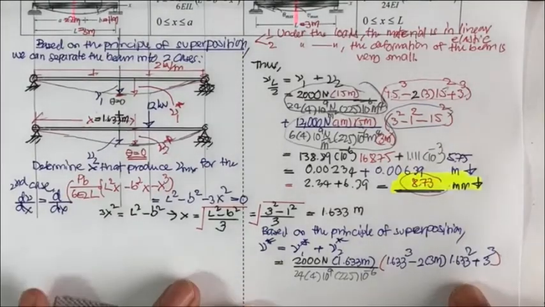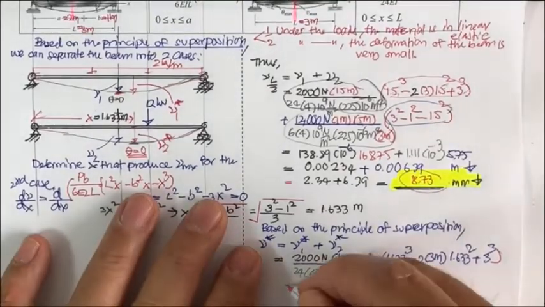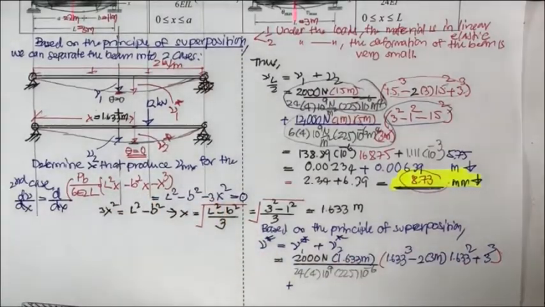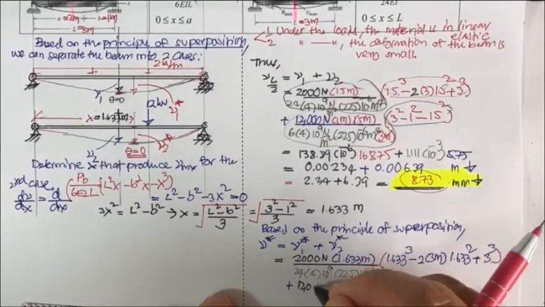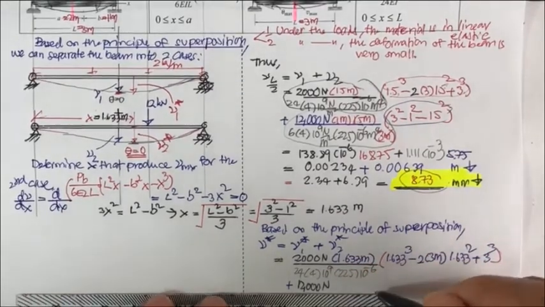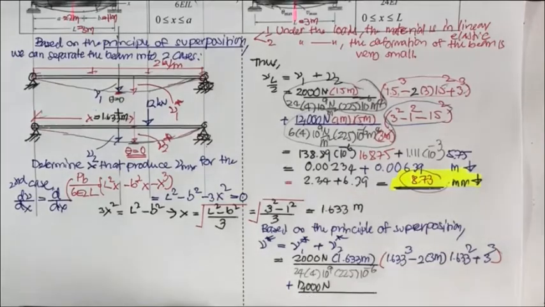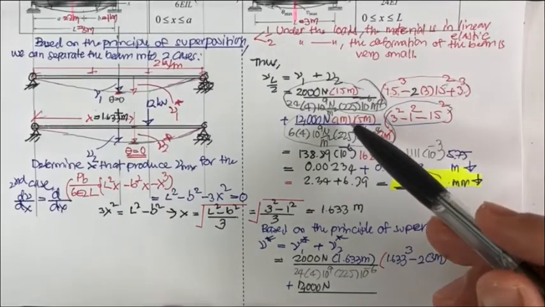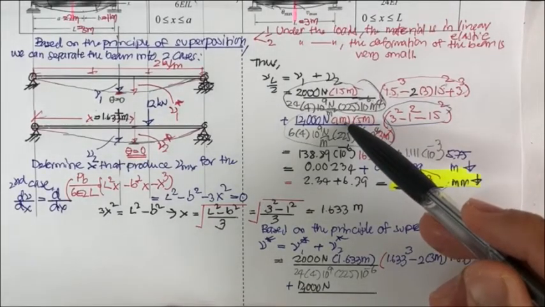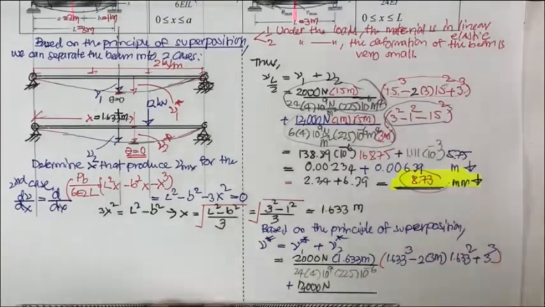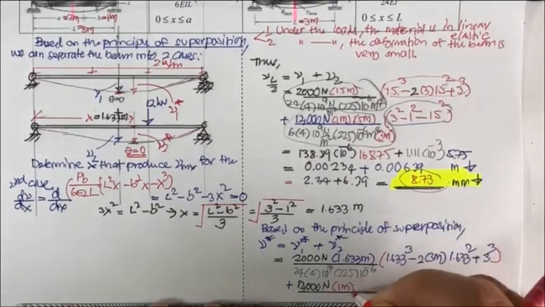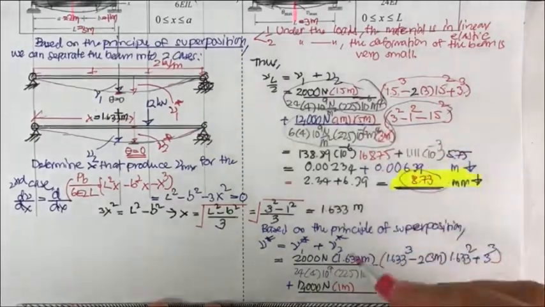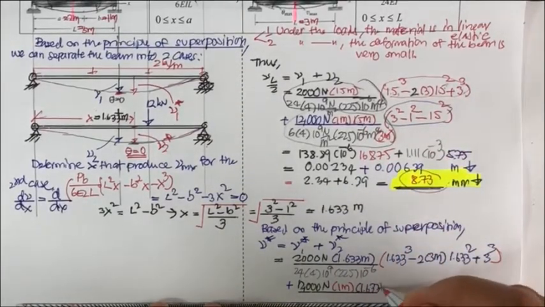This is V1 star, and then it's going to be plus with this one. It's going to be 12,000 Newton, and then divided by, no, it's on time B. This is B. This is X, so B is 1 meter. B is still there, but this 1.5 changes to 1.633 meter.